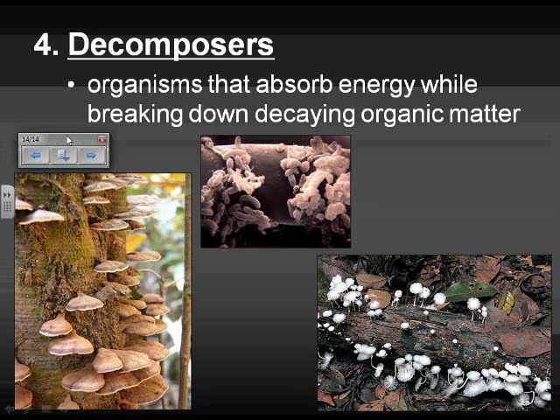It's breaking down that decaying matter and absorbing energy in the process. So our decomposers aren't really scavenging and finding something dead and eating something dead. They're really helping the process of different matter that's decaying and being returned back to the earth to kind of recycle it.